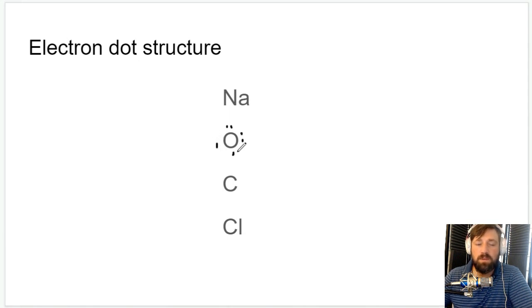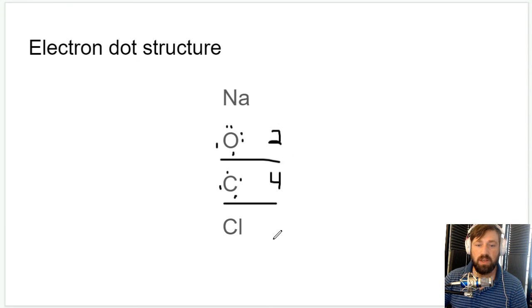This lets you know that oxygen is probably going to have 2 bonds associated with it. It's either going to have 2 single bonds or 1 double bond. Then for carbon here, it has 4 valence electrons, so 1, 2, 3, 4. It has 4 single electrons, so it's probably going to have 4 bonds associated with it. So this is one way for you to remember, when you're drawing your Lewis structures, how many bonds each of these guys should have.